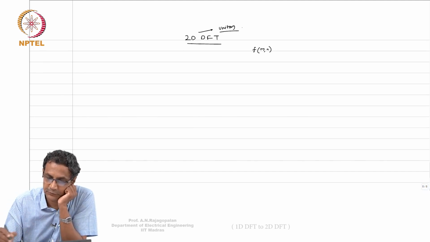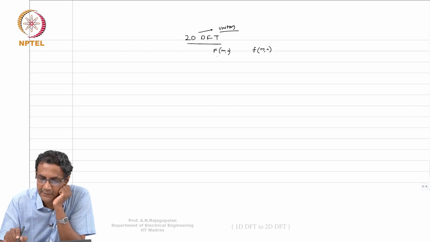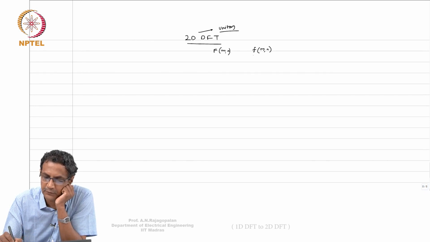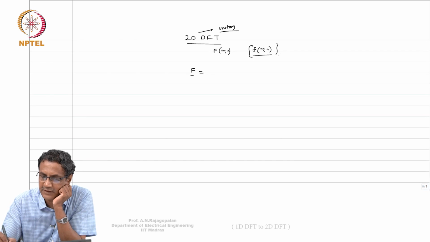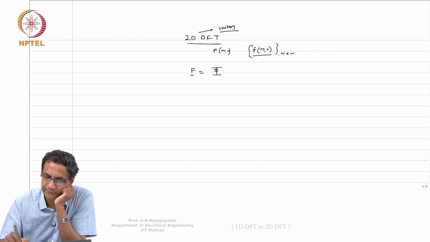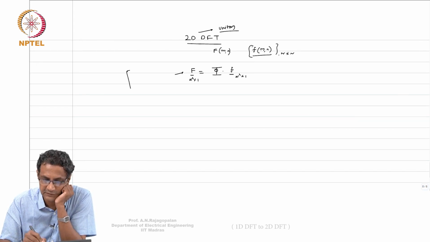Suppose you call that capital F of m comma n. Then in order to compute a 2D DFT of this, F is equal to, for example, if it is square, of size n cross n, then you will simply take a capital phi times f, where f is n square by 1, and all these transform coefficients are sitting in an n square by 1 vector.